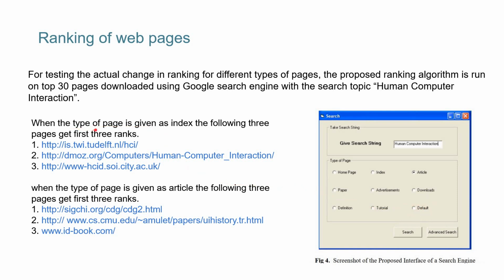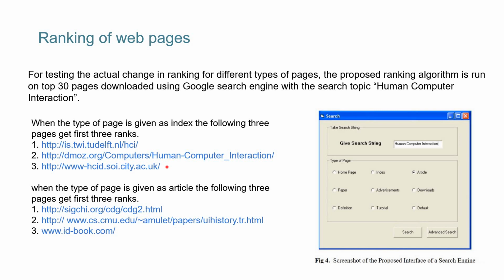When the user selects the type of page as index, the following 3 pages were the top 3 ranked using this proposed algorithm. We can see the top 2 are literally index pages, while the third one is the home page of the Center for HCI Design, City, University of London.